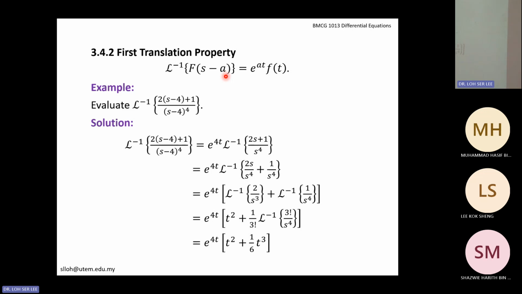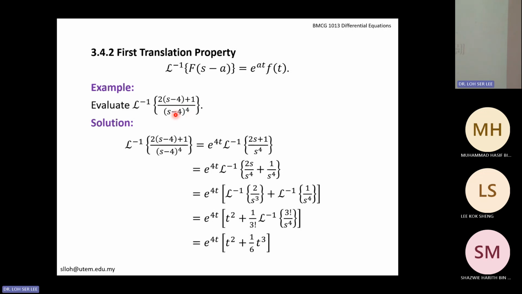All s must be in the same form, which is s minus a, before you can start to apply the first translation formula. So if you look at this question, normally we start from the bottom. The bottom function is (s minus 4) to the power of 4.